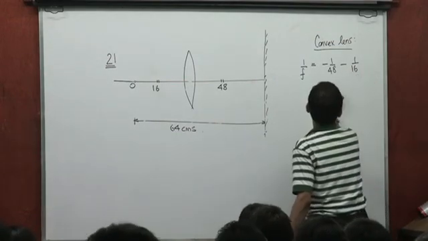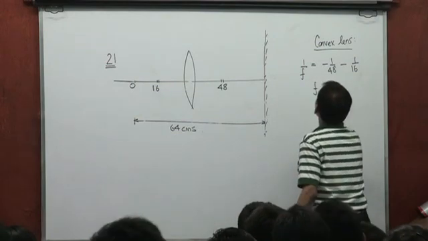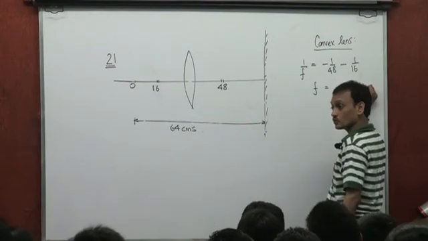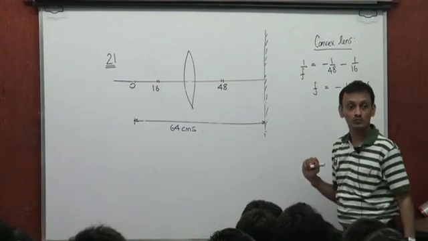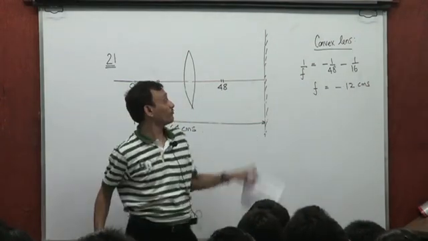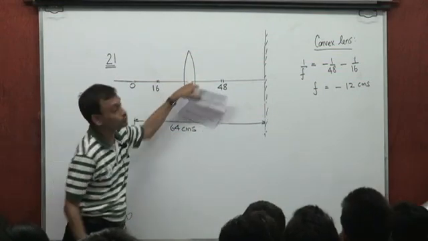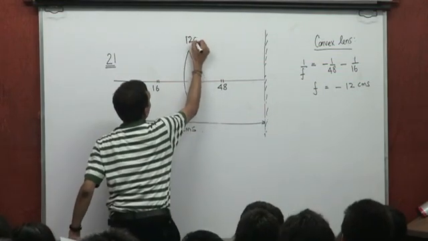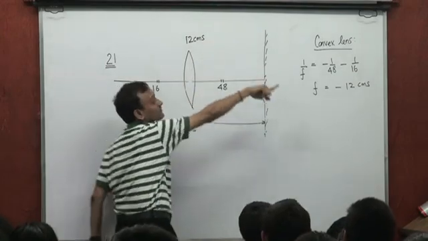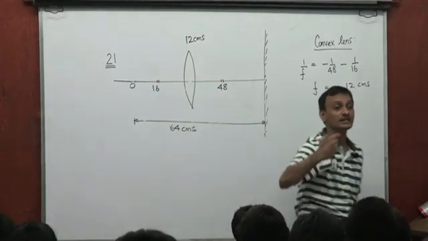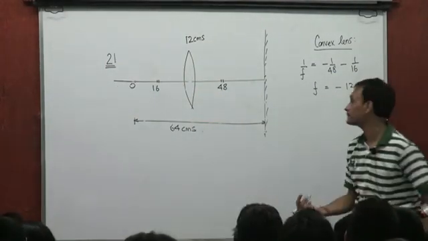So minus 3 minus 4, 12. So F is minus 12 centimeters. Yes or no? So the focal length of the lens is 12 centimeters in magnitude. So this is a 12 centimeter focal length converging lens. It's a converging lens because F turns out to be negative, right?